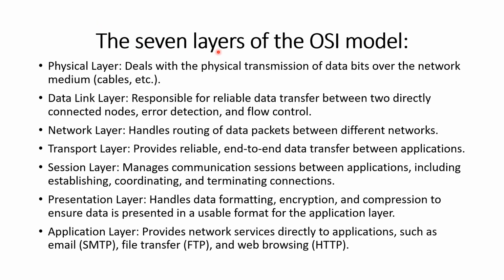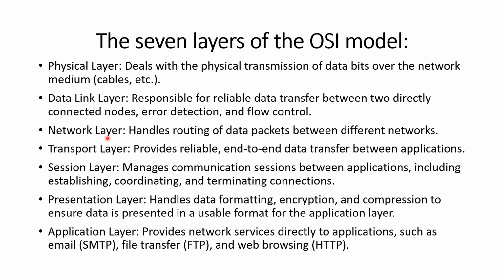Now we will discuss the 7 layers of the OSI model. First one is the physical layer. The physical layer is responsible for physical transmission of data, and it transmits the data in the form of bits over the network. The data link layer is responsible for reliable data transfer between two directly connected nodes, and it is also responsible for error detection and flow control.